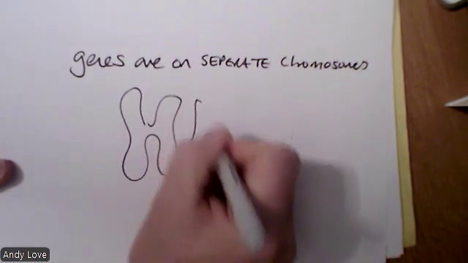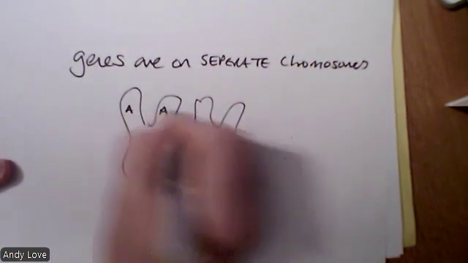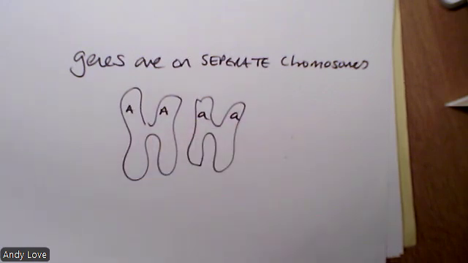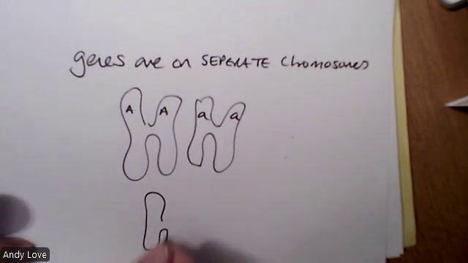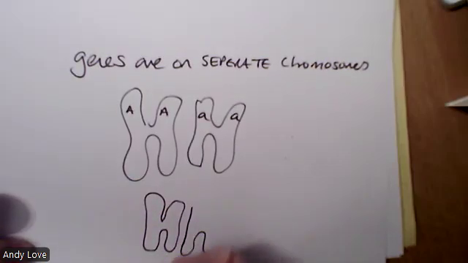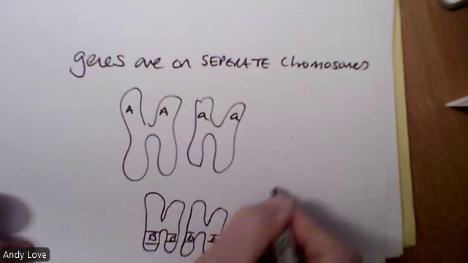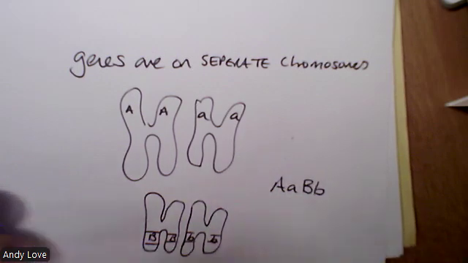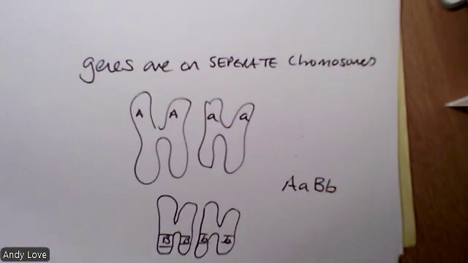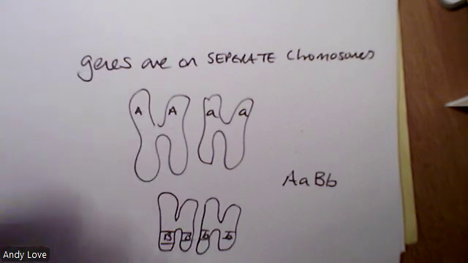So here's a homologous pair with the A, and here's a different homologous pair with the B. The genotype is still exactly the same because you've got an A and you've got a B. So the genotype is still capital A, capital B, little b. But what you've got here is A and B are not linked.